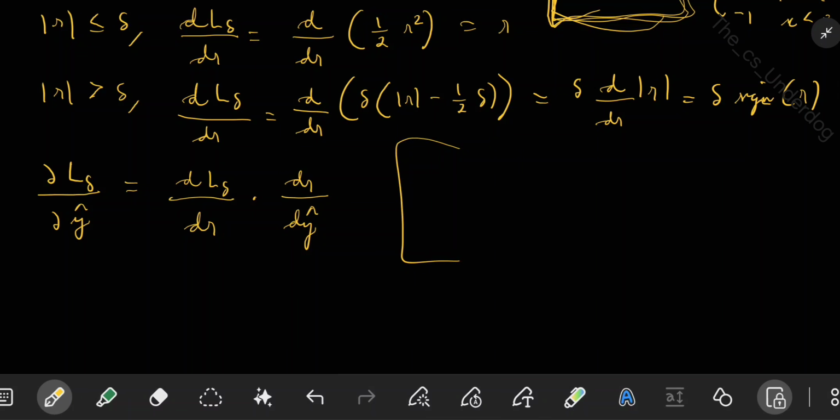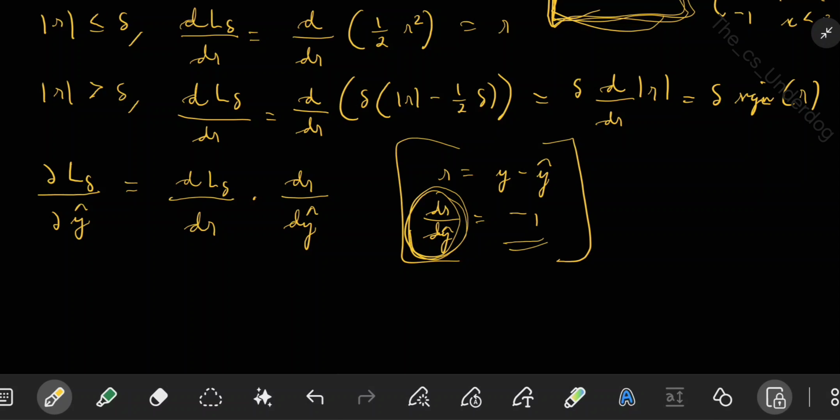If you do this, what is your r? Your r is y minus y cap. If you take dr by dy cap, what happens? Y, if you take d by dy cap, it will be 0. Minus y cap, if you take dr by dy cap, it will be minus 1. So the value of dr by dy cap is minus 1.